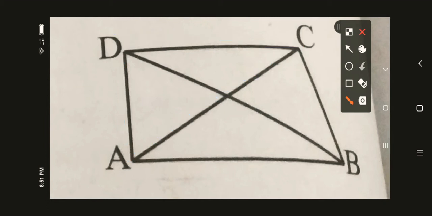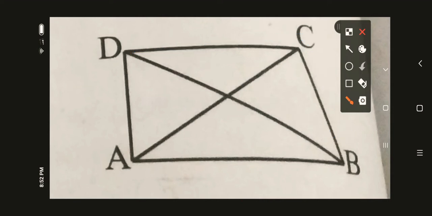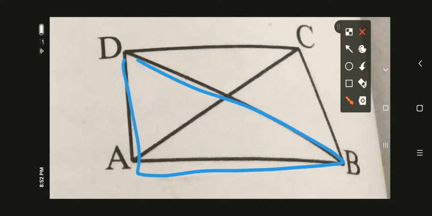Now the third equation we'll make from BDC. Over here we'll write BD is less than DC plus CB. And then the next triangle we'll take is ABD, where DB is less than AD plus AB.